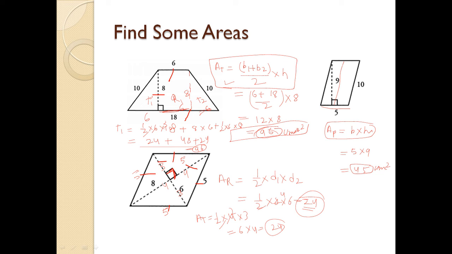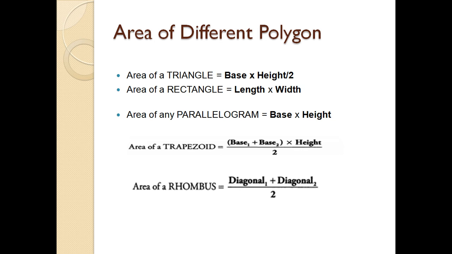Okay, so we can prove it for any kind of polygon by converting that figure into smaller triangles. So let us summarize the areas of different kinds of polygons which are generally asked in various examinations.